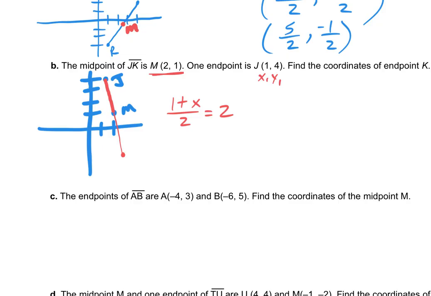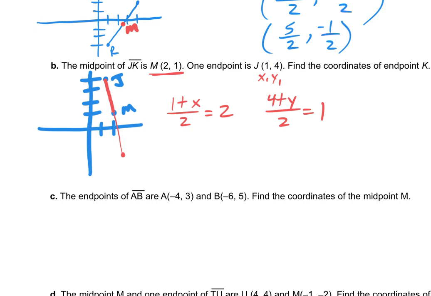The second equation, we're going to take 4 plus y divided by 2 equals the midpoint, which is 1. So we're trying to find the y value now. Those are my 2 equations. Now we've got to solve it for x and for y.